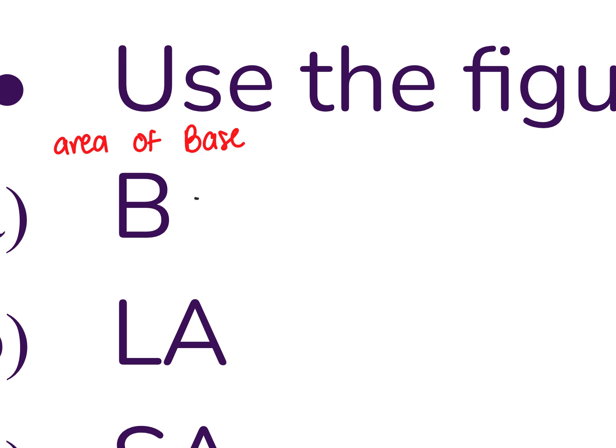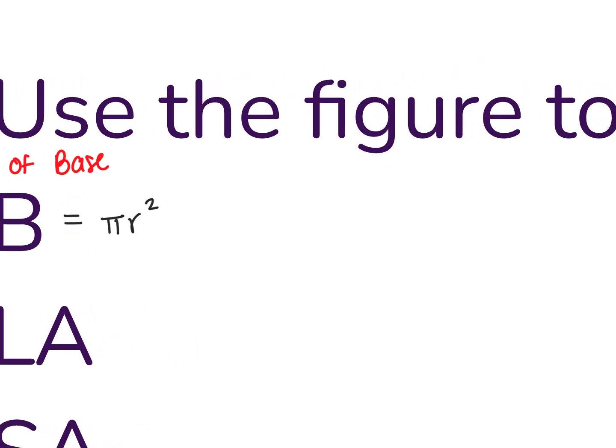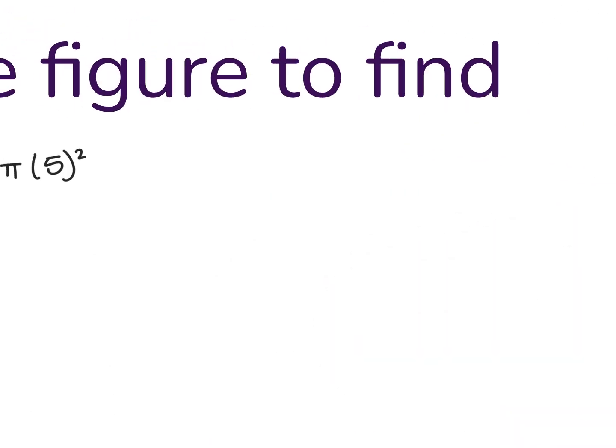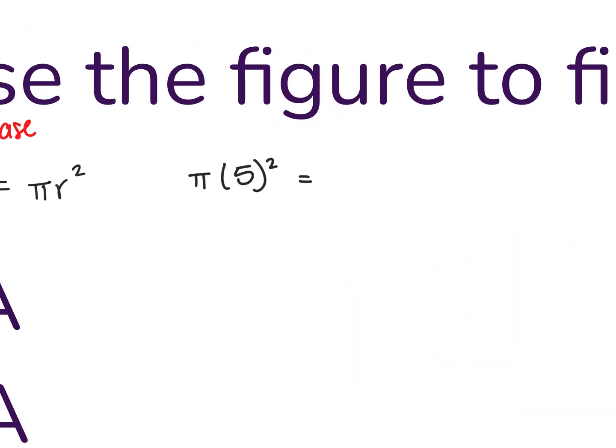Pi r squared. So base equals pi r squared, and plugging in what I have: pi, my radius they gave me, which was 5, and I'm squaring it. So solving that, I'm going to have 25 pi. Then let's go ahead and round to the nearest tenth. Plugging that into your calculator, 25 times pi, I'm going to get 78.5 meters squared.